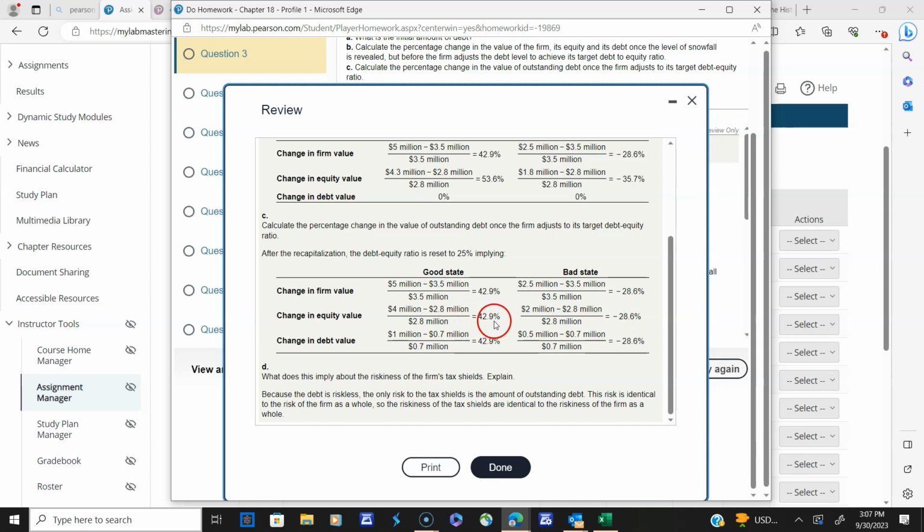So you can clearly see this hasn't changed, right? So this is 4 million, this is 2 million, and it's divided by 2.8 million. So this is the change in the equity value.